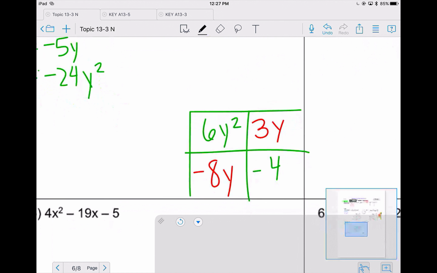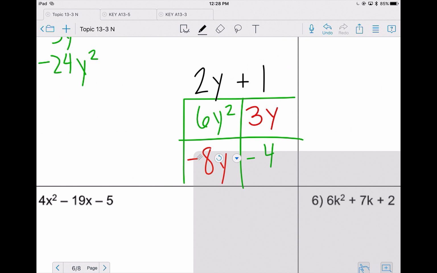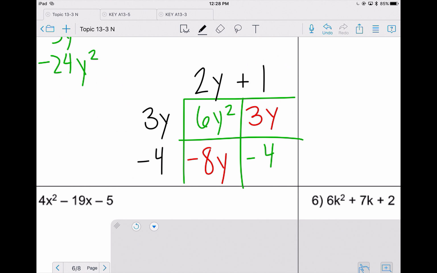From here, I take out my GCF. So 6y squared and negative 8y are both even, so they share a 2 and they share a y. 3y and negative 4 are different numbers and they don't share a y either, so we put a plus 1. 6y squared and 3y share a 3 as well as a y. Negative 8 and negative 4 share a negative 4.